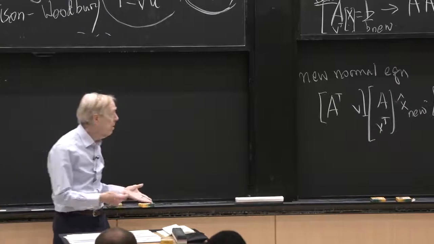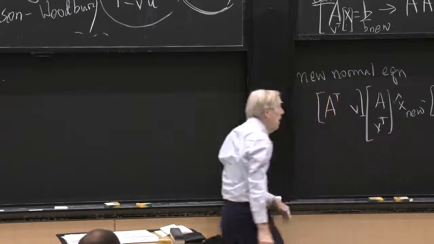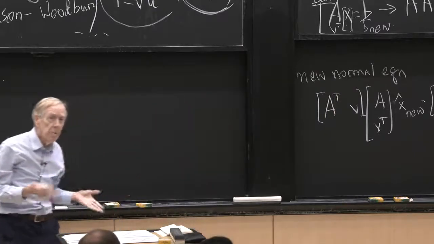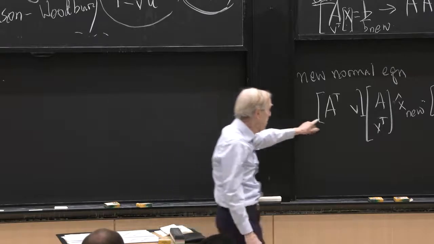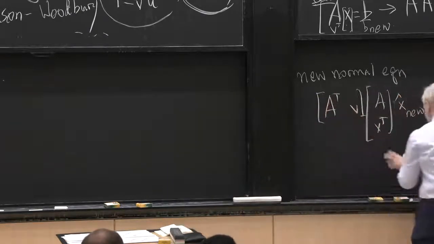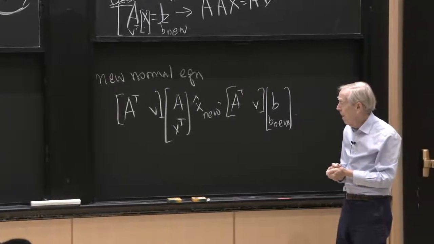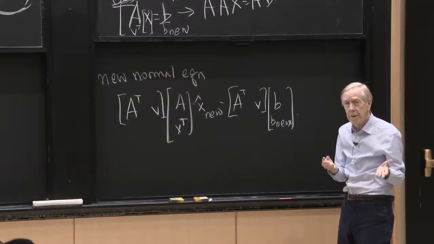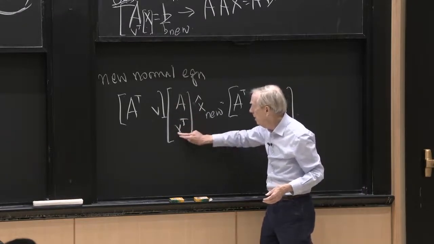I don't want to compute this A transpose times that A, where I want to use what I've already done. So if I multiply those two together, what do I actually get? So I'm adding a new column here and a new row here.